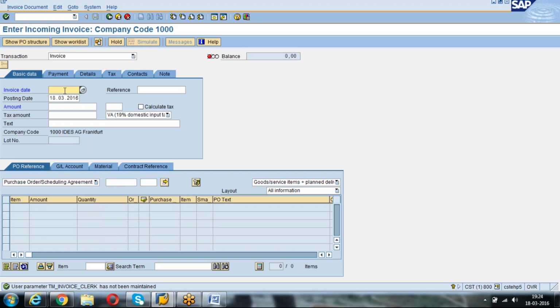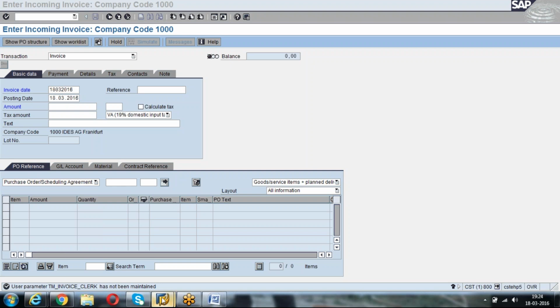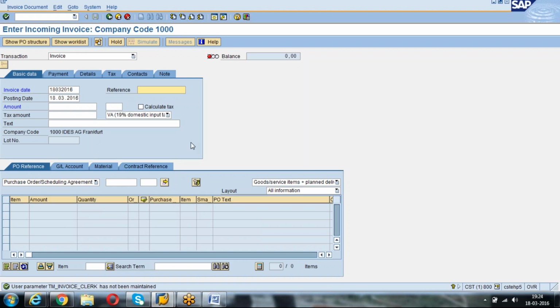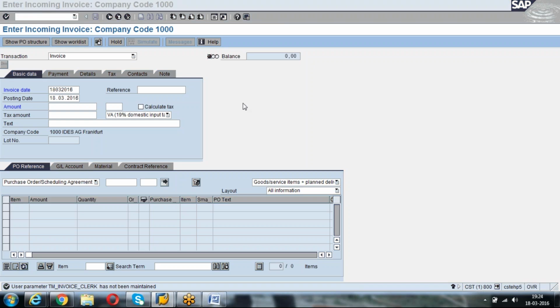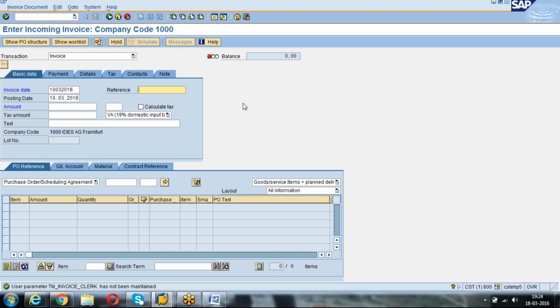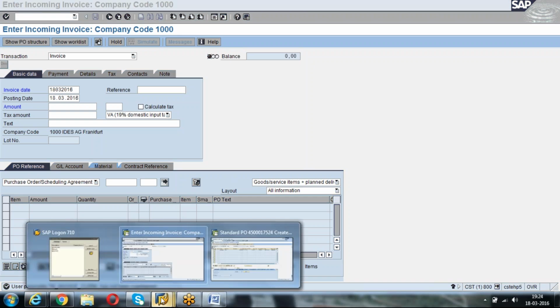The invoice date is 18/03/2016, the same date. For the reference, you can give the PO number which we have created just now. I'm going to the PO display screen.